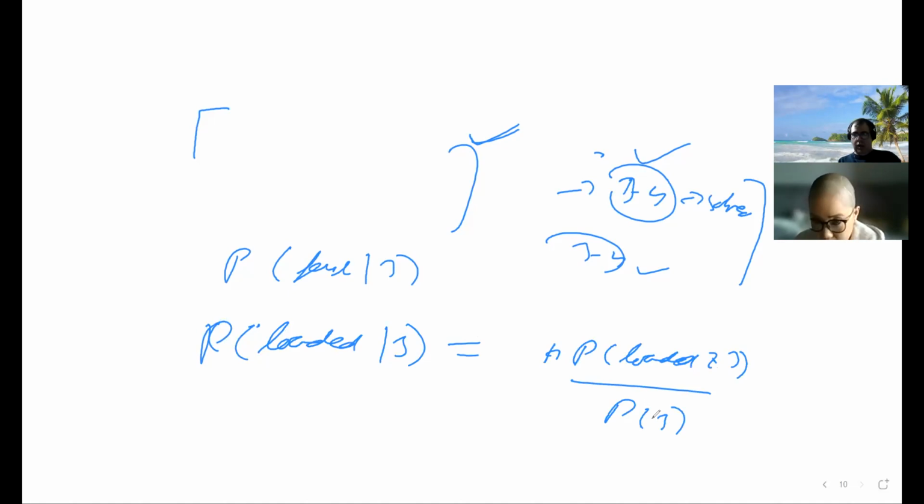What's the symbol in between? P(loaded | 3). This bar means you are actually finding the probability of loaded, given that it gave 3. I'm talking about the right side: what is between the loaded and the 3? Loaded and 3.